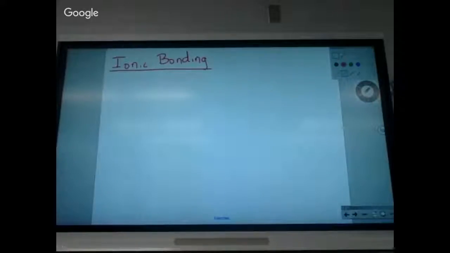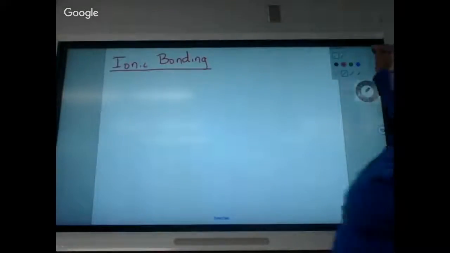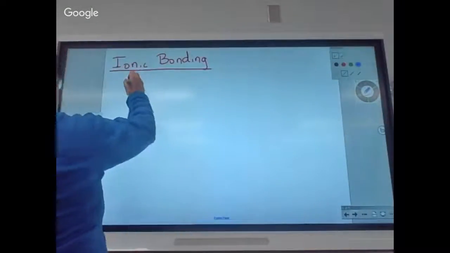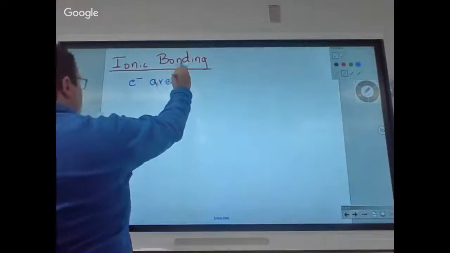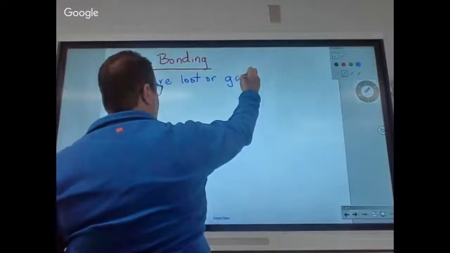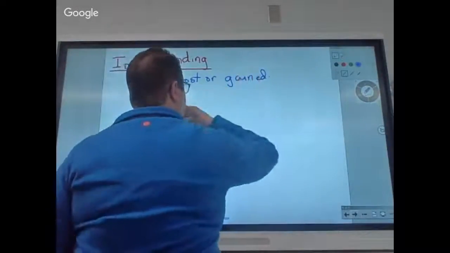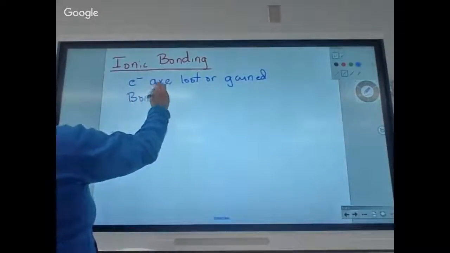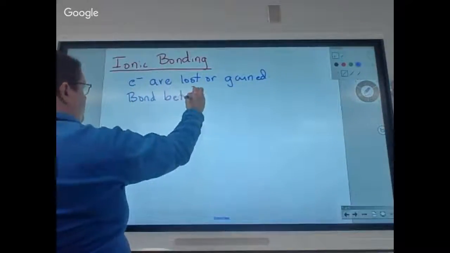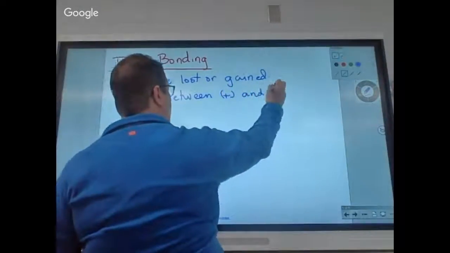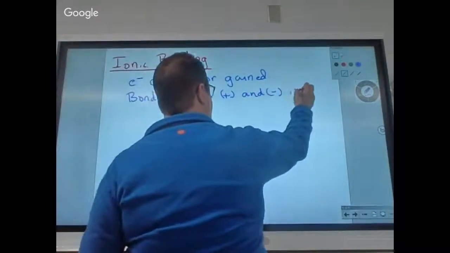Now, ionic bonding is different than covalent bonding. Before the break, we said that ionic bonding was what? Electrons are lost or gained. We also said that it's a bond between positive and negative ions.